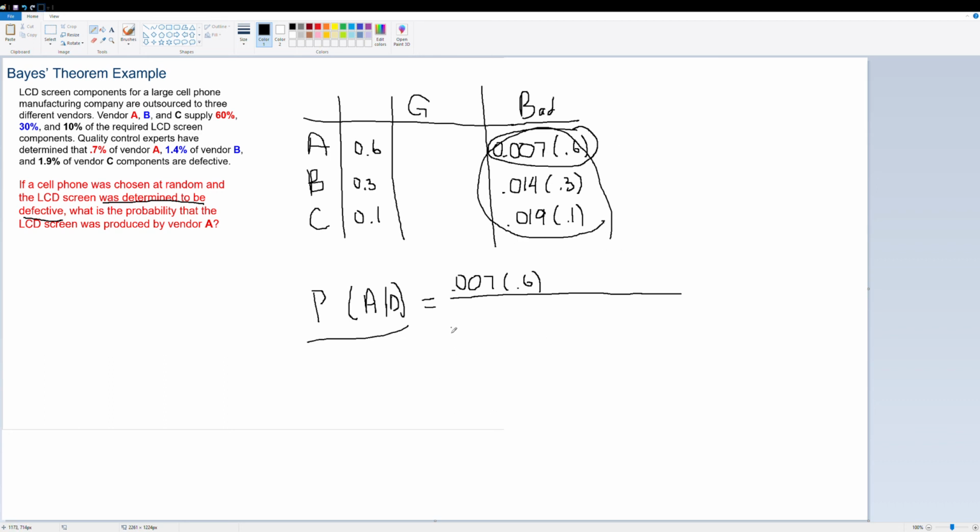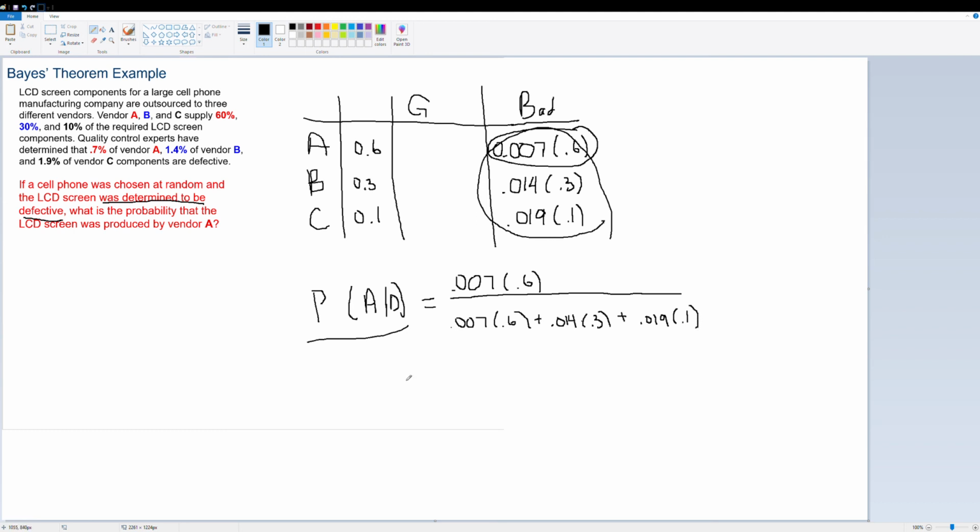And so all I do is I sum up that total. And that's going to go in my denominator of my equation. 0.007 times 0.6, plus 0.014 times 0.3, plus 0.019 times 0.1.